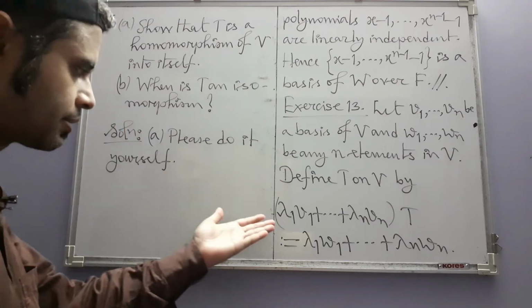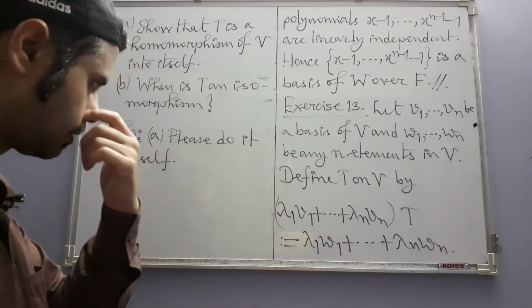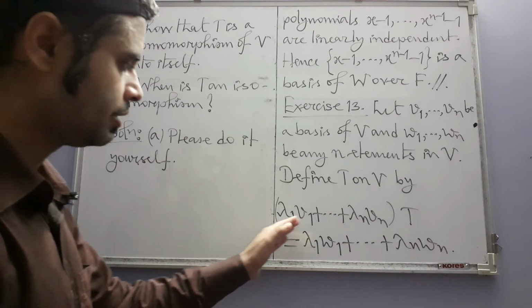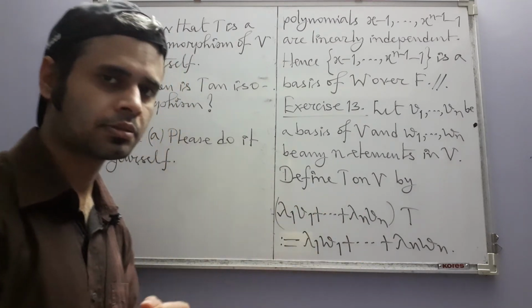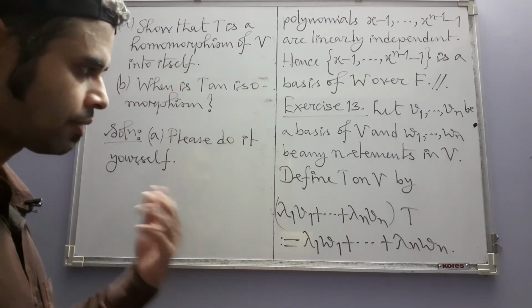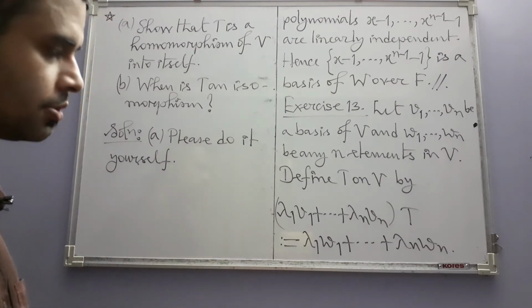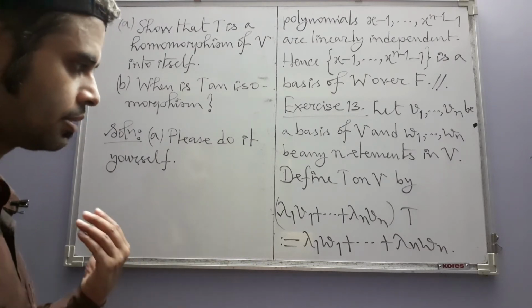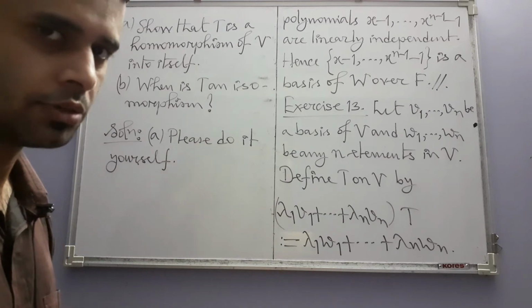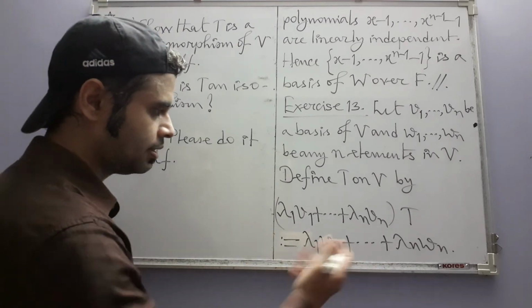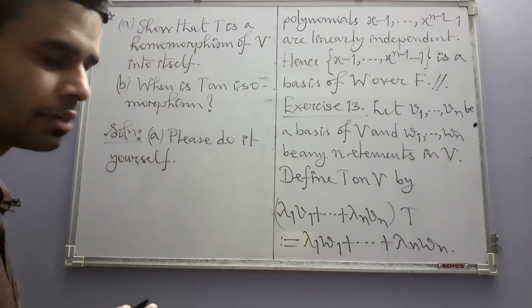You take two vectors like this, which are, of course, both of them linear combinations of these Vi's. You add them up, apply T on that sum, and you see that that equals the sum of the T values of the individual vectors, applying this definition. Extremely straightforward.